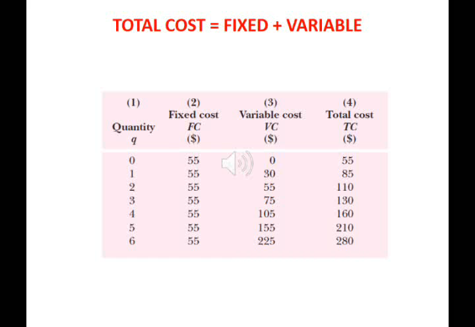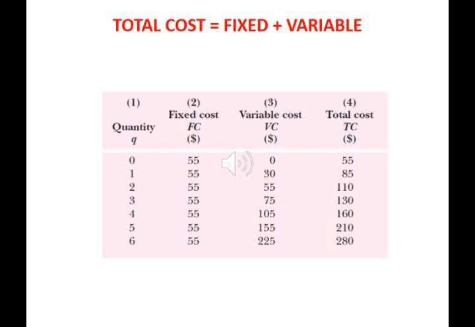Okay, so here the changes in the total cost will be equal to the changes in the variable cost. Why? Because total cost is equal to fixed cost plus variable cost, and fixed cost is fixed. That's why any changes in the total cost will be equal to a change in the variable cost. So let's see this. A change from a level of output equal 0 to a level of output equal 1, okay, this will result in a change in the total cost by 85 minus 55, which is 30.